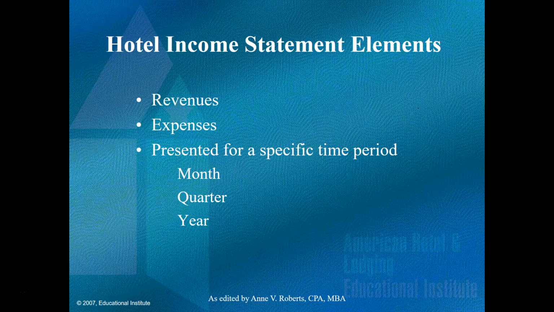Because you certainly couldn't take a monthly income statement and effectively compare it to last year's annual income statement, right? If we get January of 2017, we need to compare January of 2017 to January of 2016 to get an effective comparison. Because remember, this is all about comparing last year, this year, projecting next year. Okay.